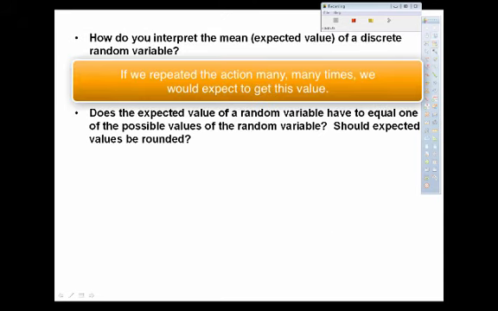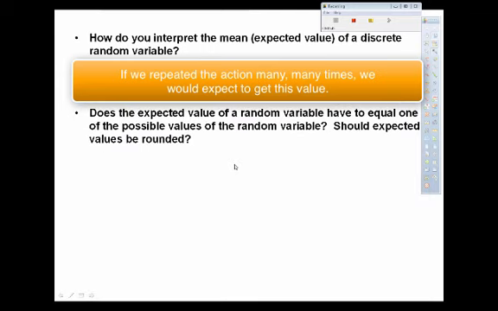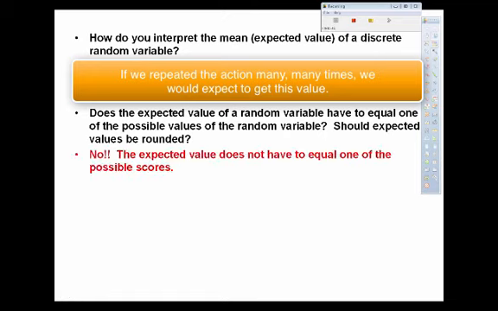Okay. How do we interpret the mean, or expected value? All right. Does the expected value of a random variable have to equal one of the possible values of the random variable? And should expected values be rounded? Okay. No. The expected value does not have to equal one of the possible scores.